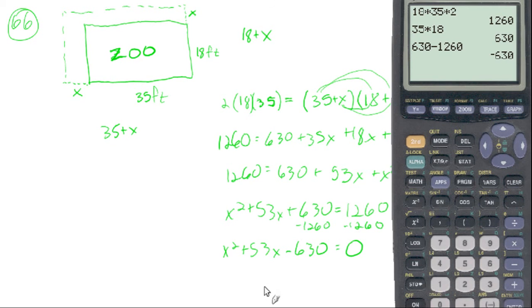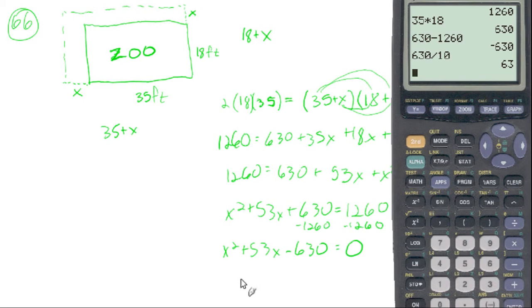Wow, okay. So let's work on it. 630 divided by, let's say, 10. That was lucky, I guess. We're trying to fill in these parentheses, x and x, as we factor this quadratic.